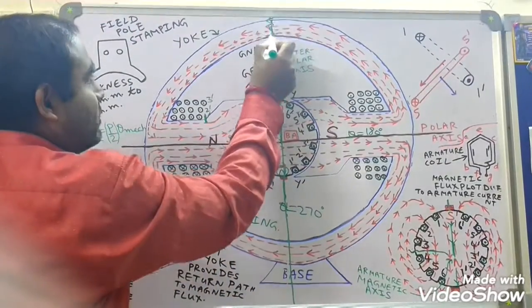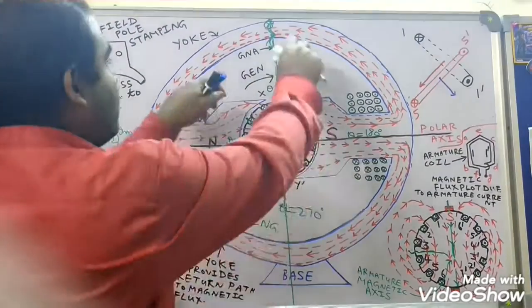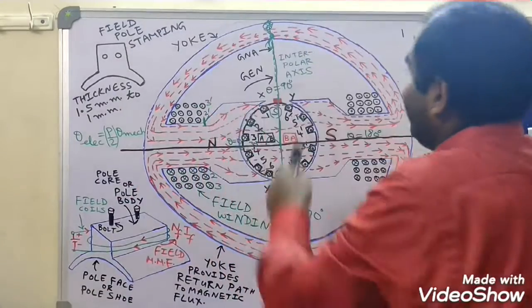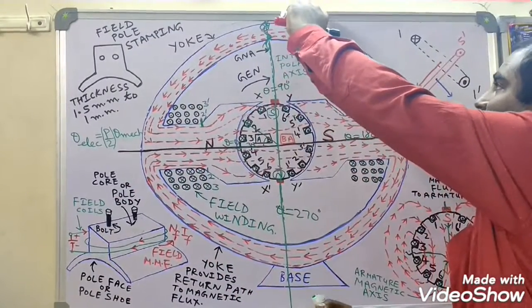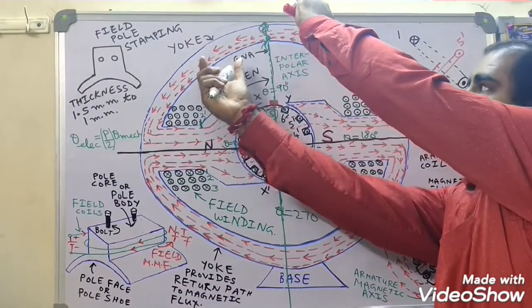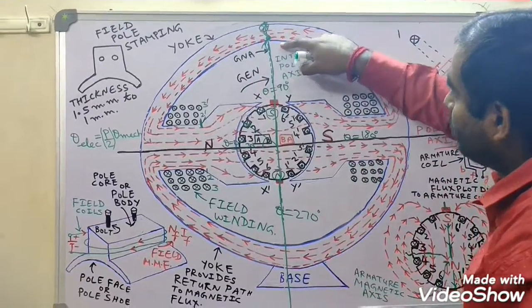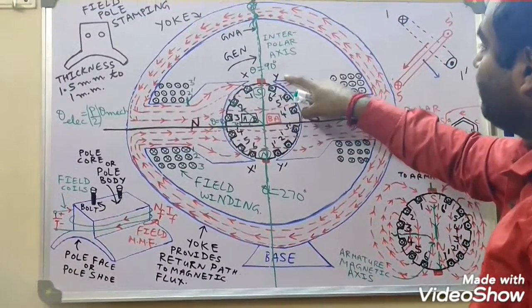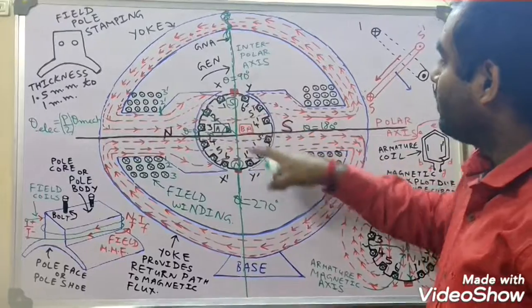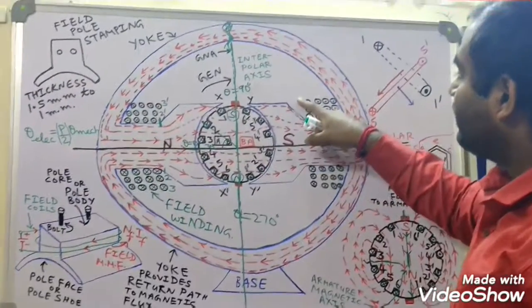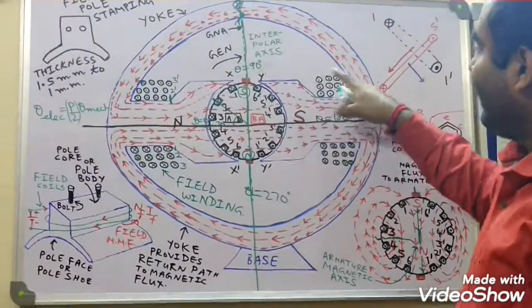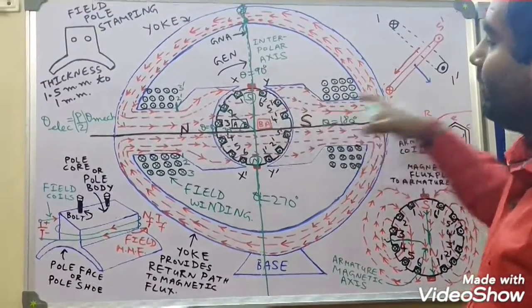Imagine this portion being cut here, and you are holding this with your left hand and this portion with your right hand, and then making it straight. So what will happen? Pole tip Y will come here, pole tip Y dash will come here, then pole tip X dash, and then pole tip X, like that.